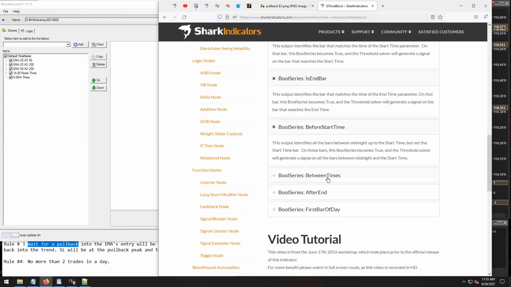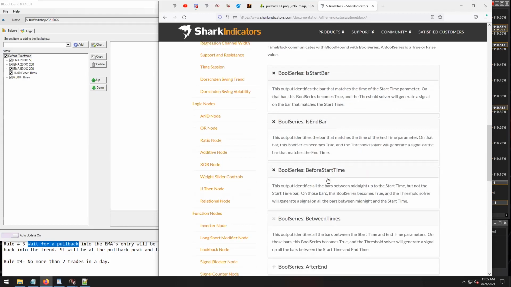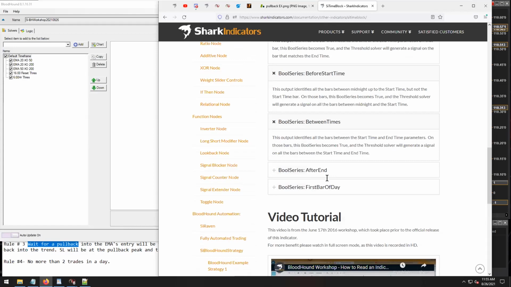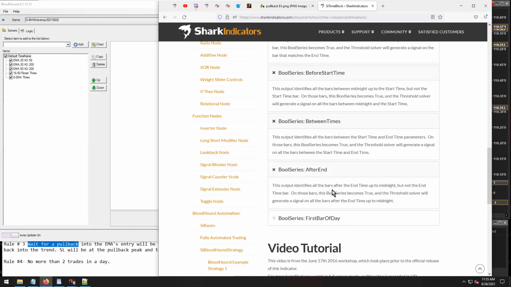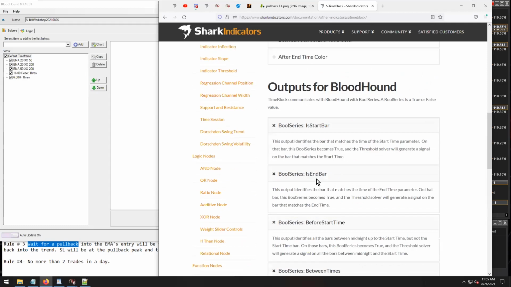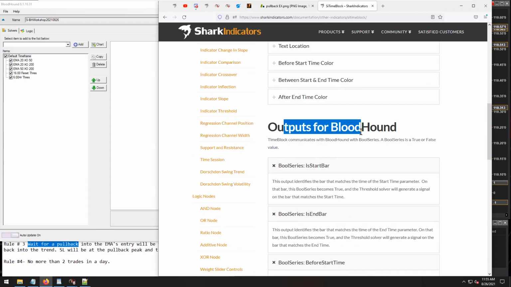You can open those all up, and it's just a simple description of what each of these outputs does, when they get turned on and when they're turned off. So again, you can just look for outputs for BloodHound.